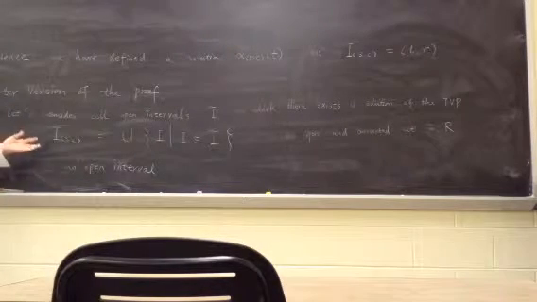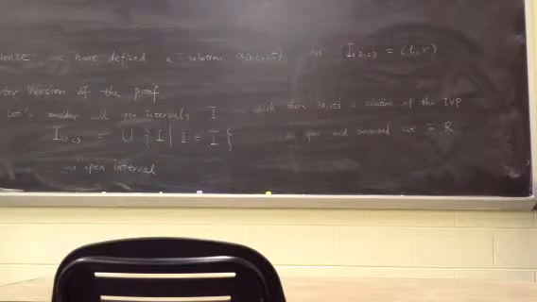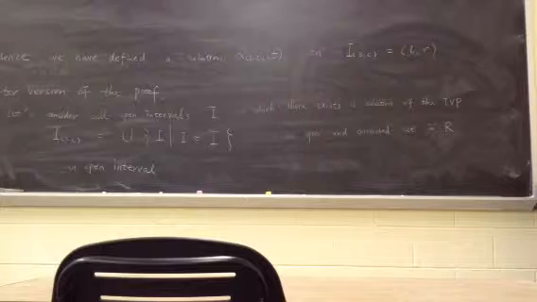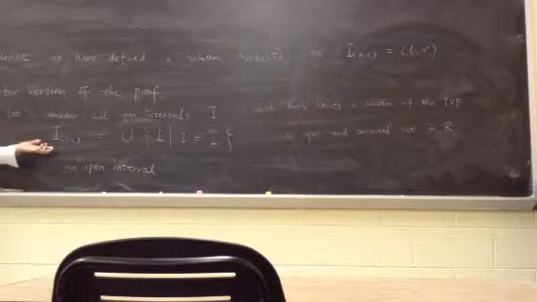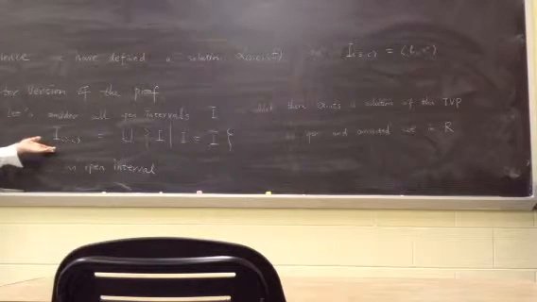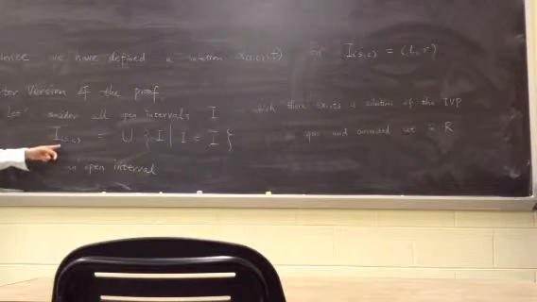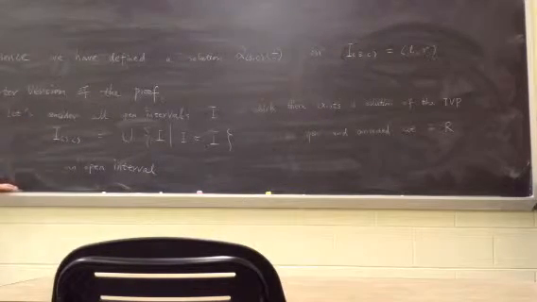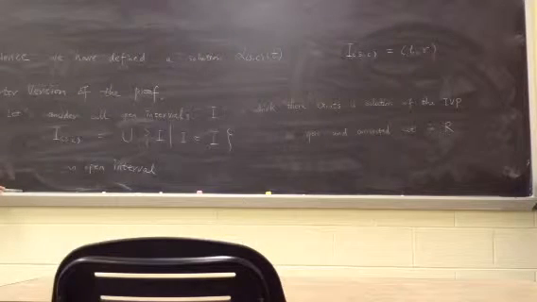Next, it's similar to our previous reasoning. In the previous version of the proof, you give me an interval, and we need to show that for every t in this interval, we have a defined solution at the given t.